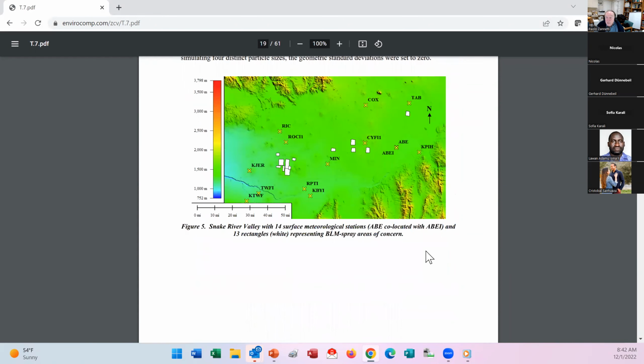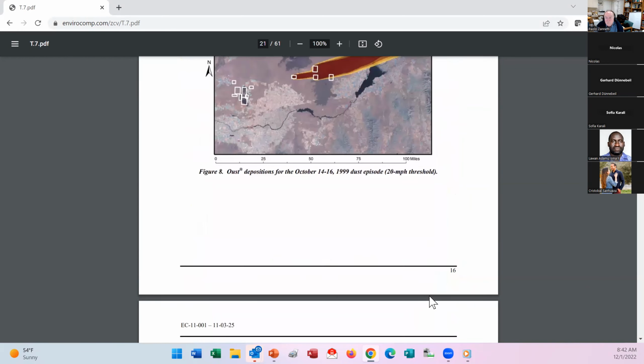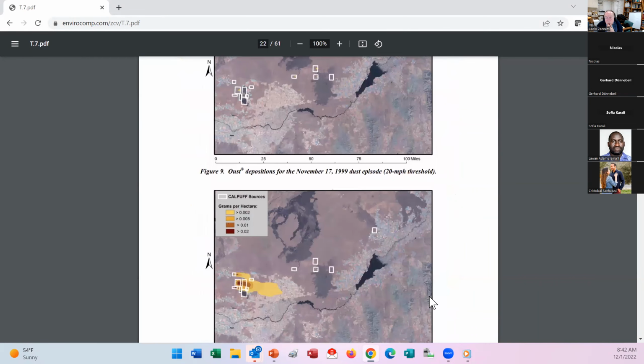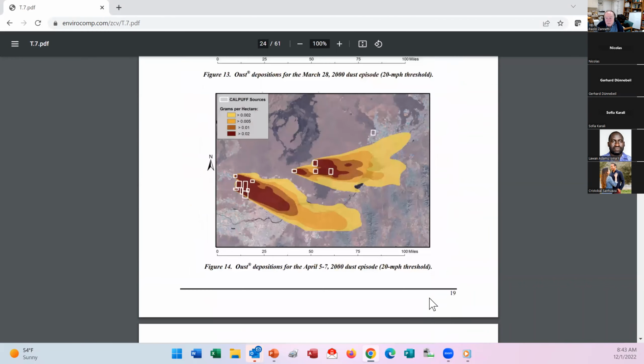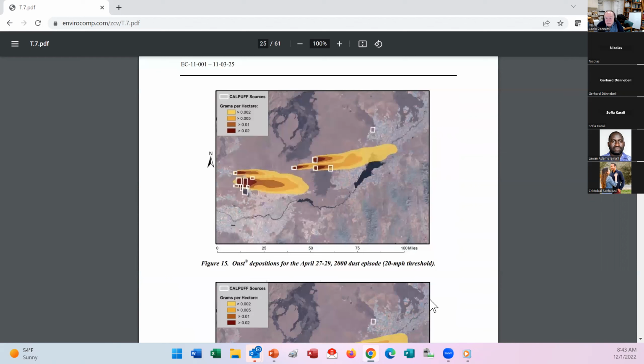We had measurements of dust at different locations, so we were able to validate and calibrate the model. I already showed you the final results, but of course we presented the results for every day.